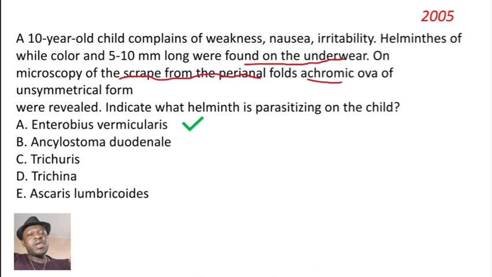Enterobius vermicularis come out of the large intestine and lay eggs around the perianal region. So in the morning you can see white spots on the sellotape. Those will be the eggs, the achromic ova of Enterobius vermicularis. Next question.